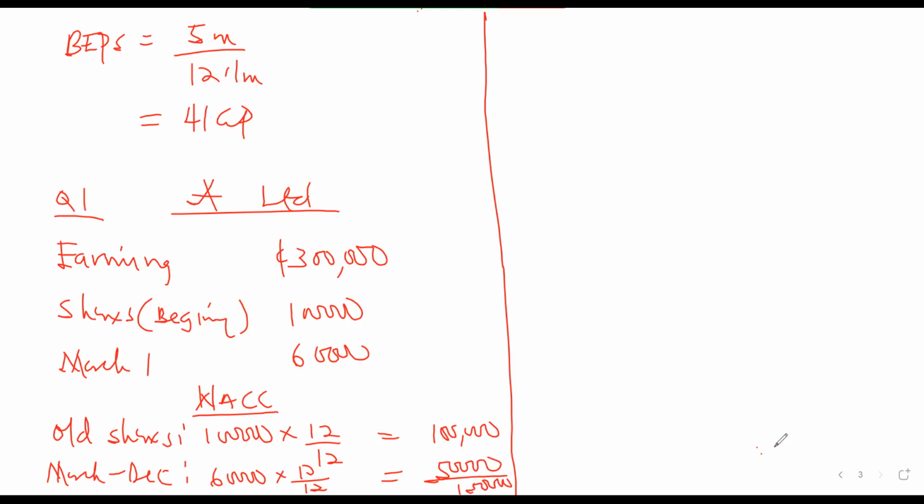Okay. You can also calculate it alternatively like this, where you consider only the shares that you have at the beginning. Then you consider from the time of the new issue to the end of the year. So the old shares will do January and February before the new issue.